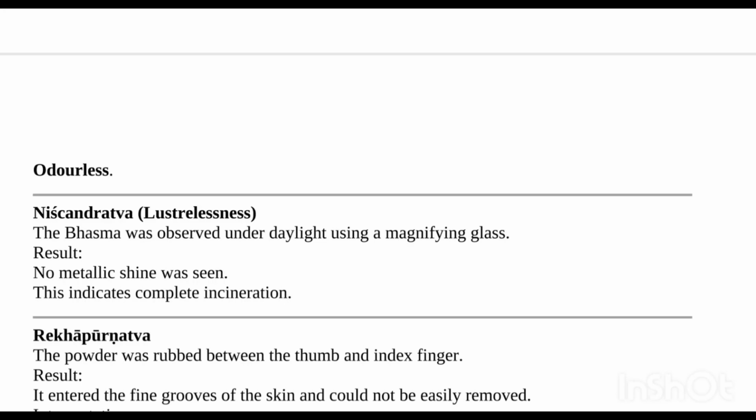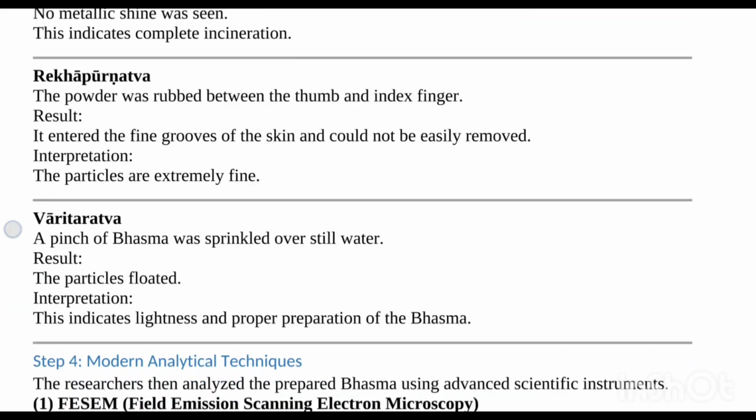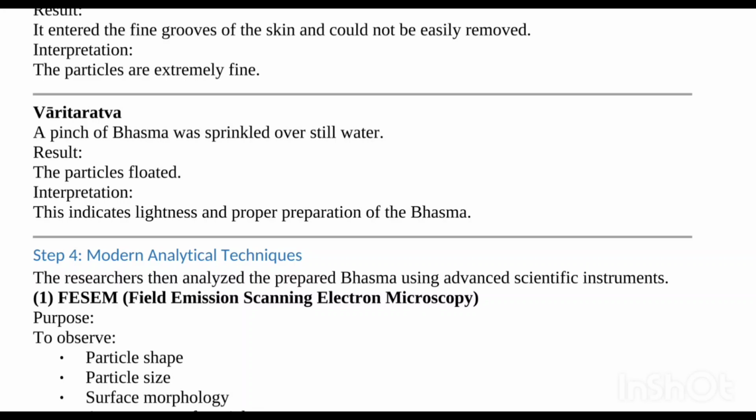For Rekhapurnatva, the powder was rubbed between thumb and index finger. The result: it enters the fine grooves of the skin and could not be easily removed. So the interpretation is that the particles are extremely fine. In Varitaratva, a pinch of Bhasma was sprinkled over still water. The particles floated. The interpretation: it indicates lightness and proper preparation of the Bhasma.